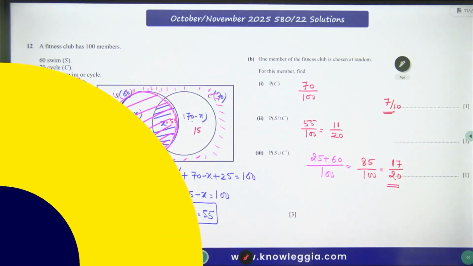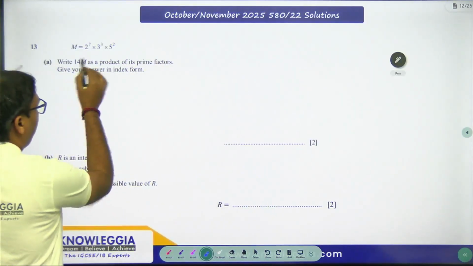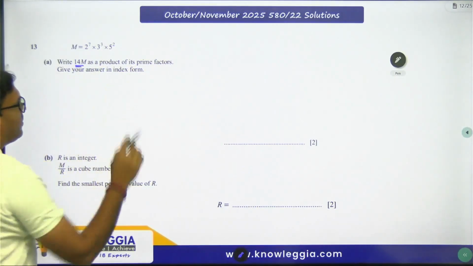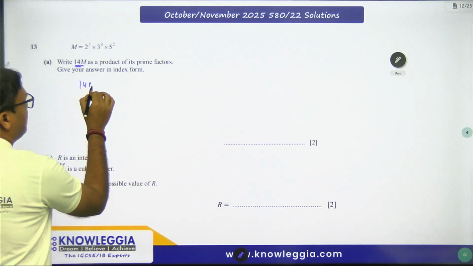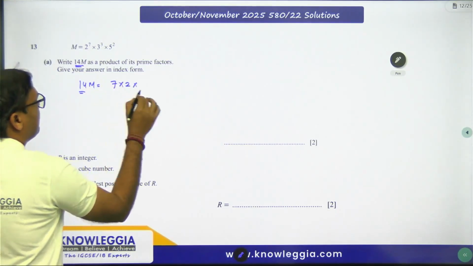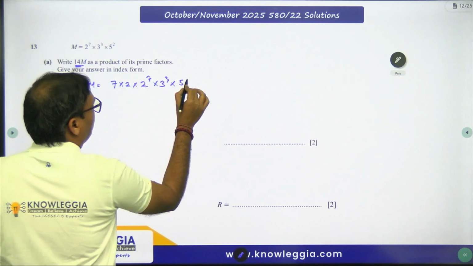Okay. Now the next question here is, you have to write 14M as a product of its prime factors. So what is 14M? Basically, what is 14? This is 7 into 2. And what is M? This is 2 raised to 7 into 3 raised to 3 into 5 raised to 2.